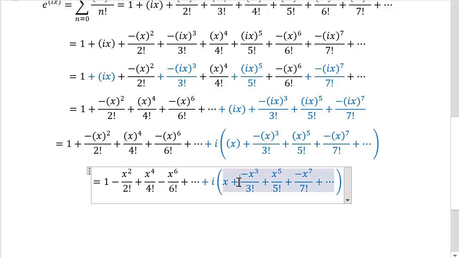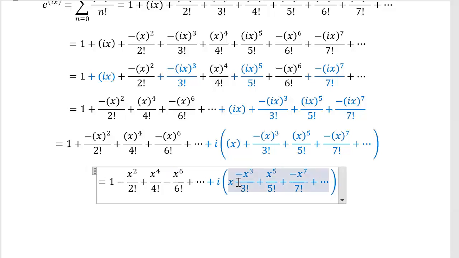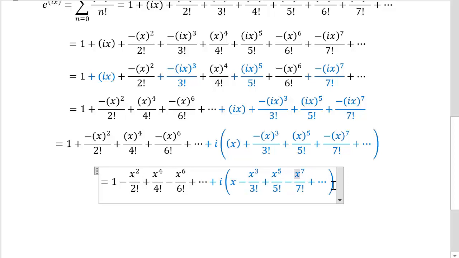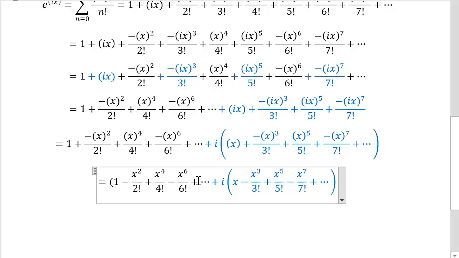We can do the same for the ones with the i's. And then here we go. If we take a look at this series and assume that it goes on forever, well, let's put it in parentheses just to make it absolutely clear what's happening.